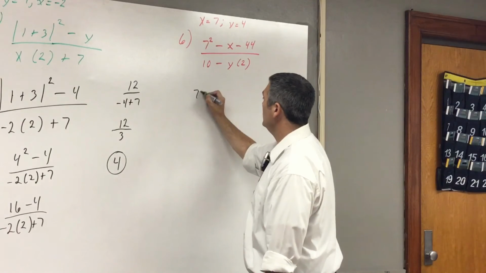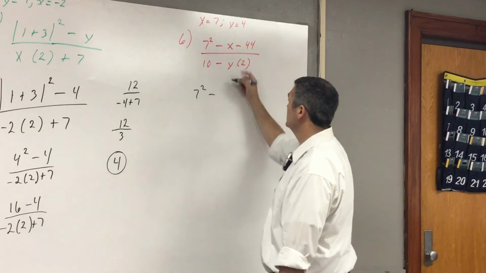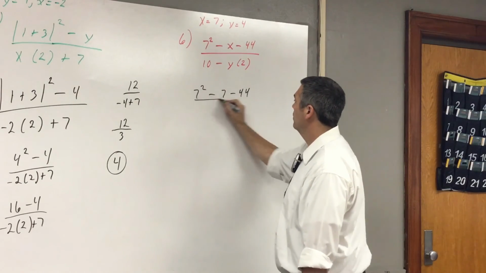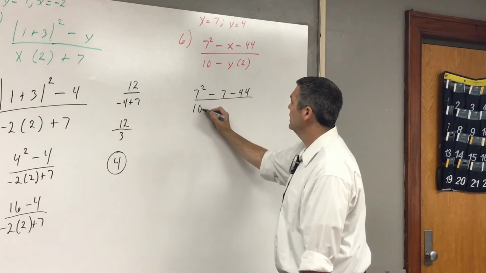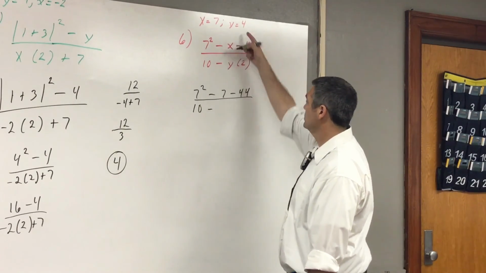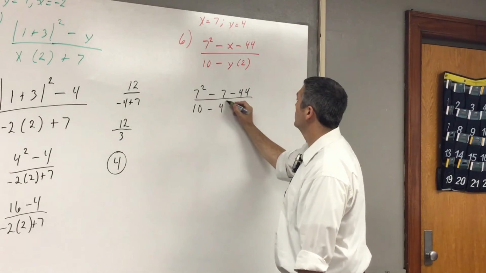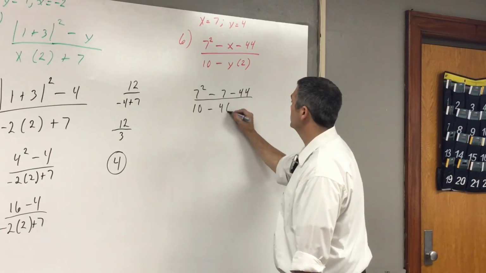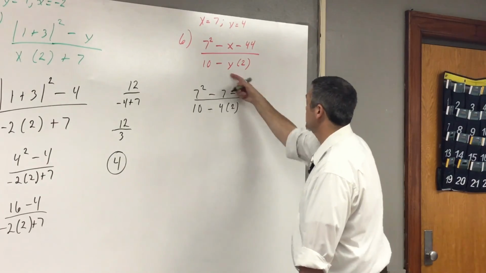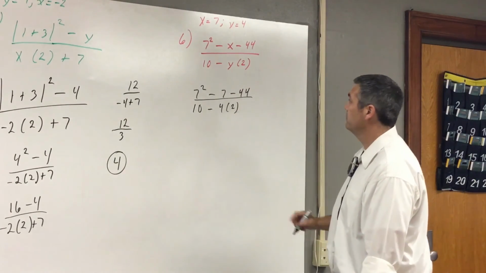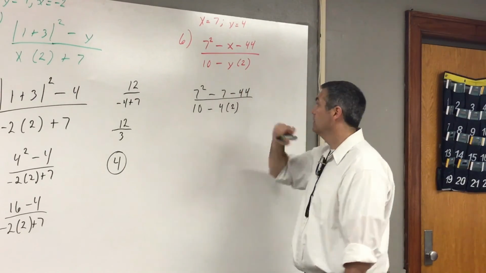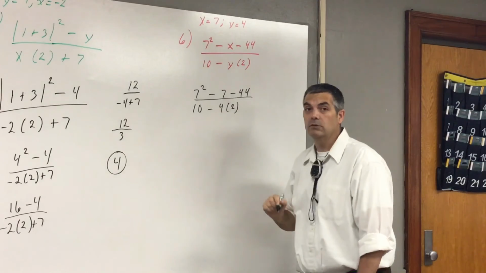So, 7 to the second minus 7 minus 44 over 10 minus y, which is 4, times 2. Should be times 2. That's in parentheses. That kind of looked like an exponent to me for a second. Be careful when you write your problems down. Make sure that you write them correctly, because if you do something like that you get confused and you have to go back and look at it.